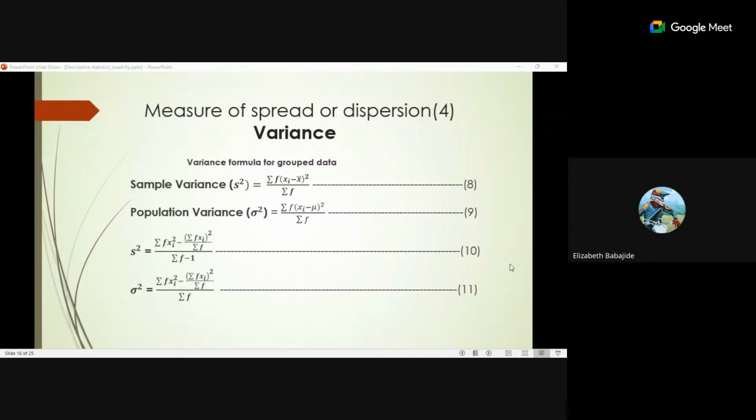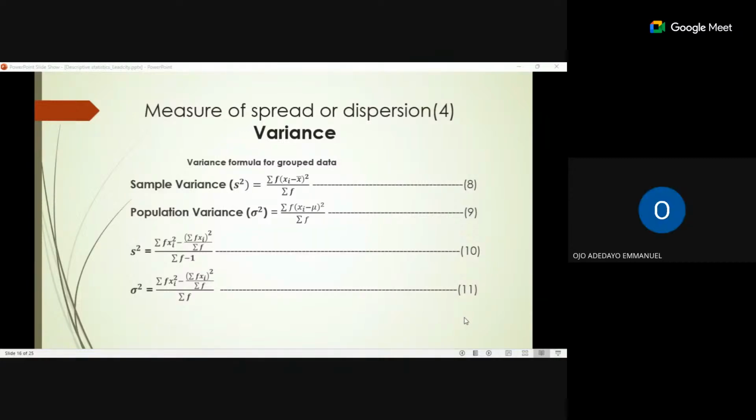Thank you very much, sir. Sample variance on equation 8, is it the same thing as equation 10? Because in equation 10, yes, there is summation f minus 1, but in equation 8, under it is just summation f.